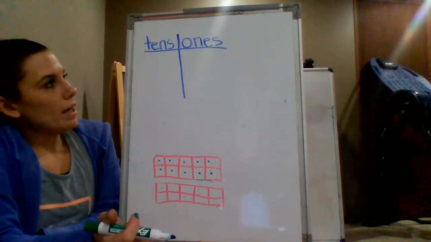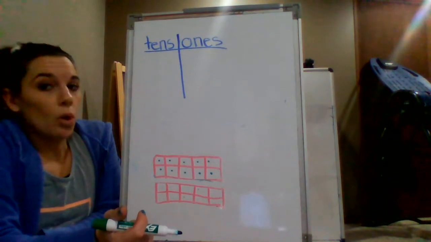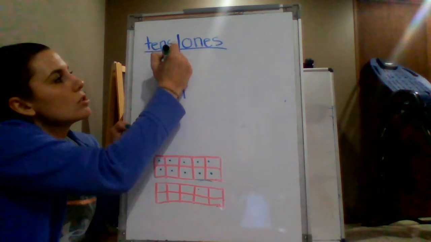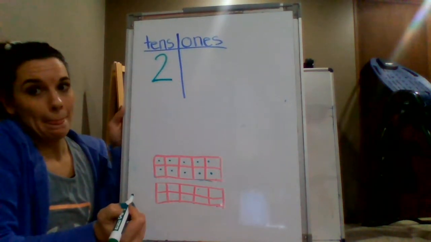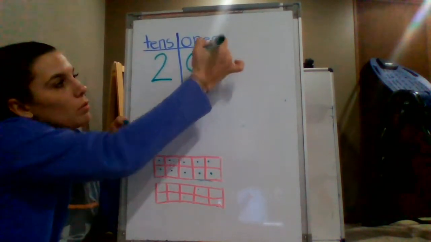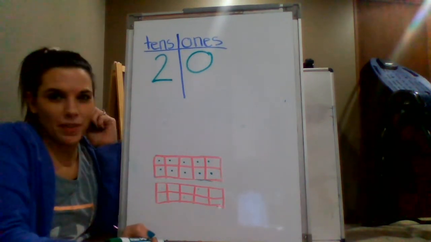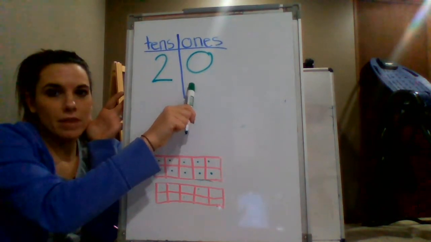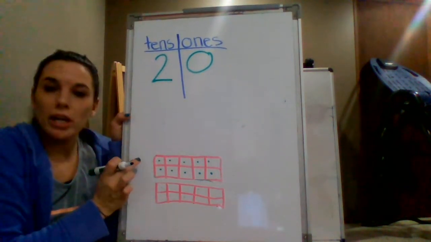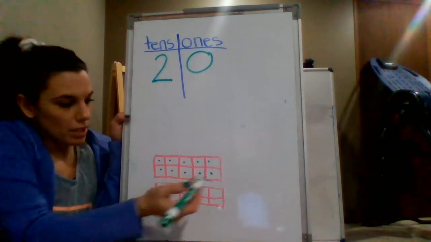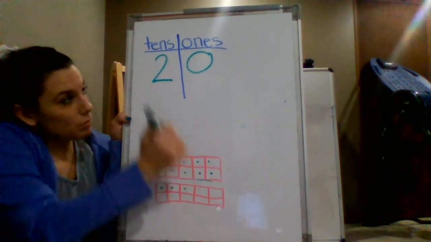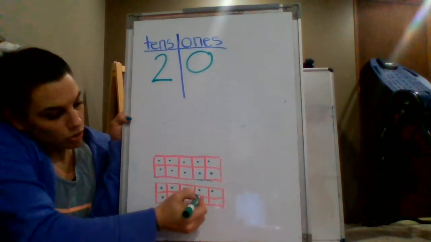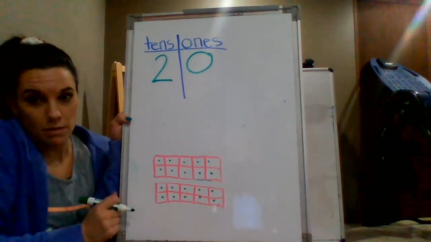Okay, what if instead of only having one group of 10, I had two groups of 10 and no ones? What number would that be? Number with two groups of 10 and 0 ones. Well, down here in my tens frame, I already have one full 10 frame filled. Let me fill this second one because remember I have two groups of 10. So I should have two full 10 frames.